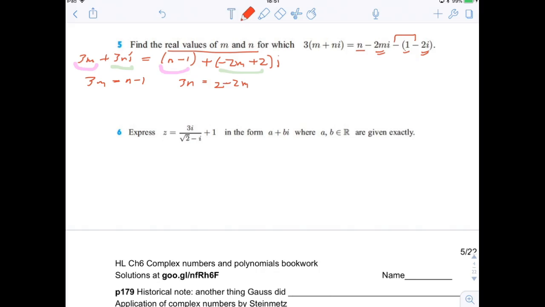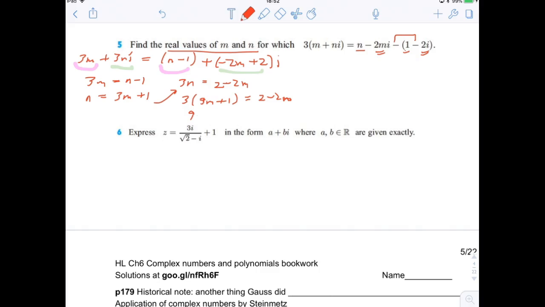So let's solve for n. n equals 3m plus 1. And then we'll put it here: 3 times (3m plus 1) equals 2 minus 2m.